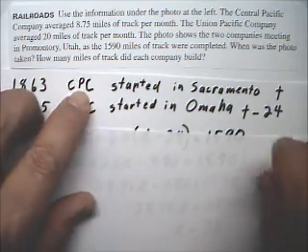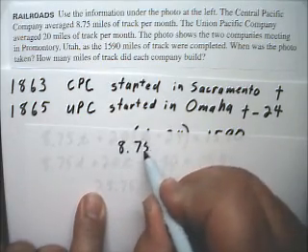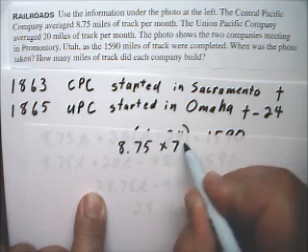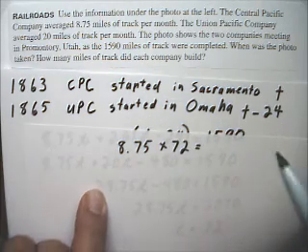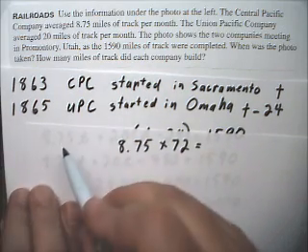So 8.75 times 72 gives me the number of miles of track for the Central Pacific.